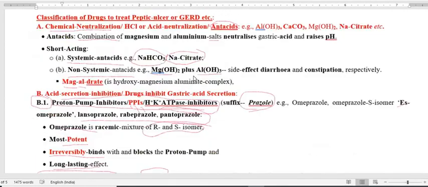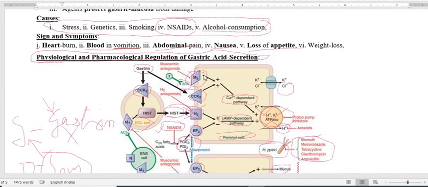We already saw that on the parietal cell the muscarinic type 3 receptor is present, and the neurotransmitter acetylcholine attaches to it, and it releases calcium ion intracellularly in high concentration, and this high concentration of intracellular calcium activates the enzyme through the calcium dependent pathway to efflux out hydrogen ion to form hydrochloric acid. So the drug, similar to the H2 receptor antagonist, binds with the muscarinic receptor, and therefore it is called muscarinic antagonist.